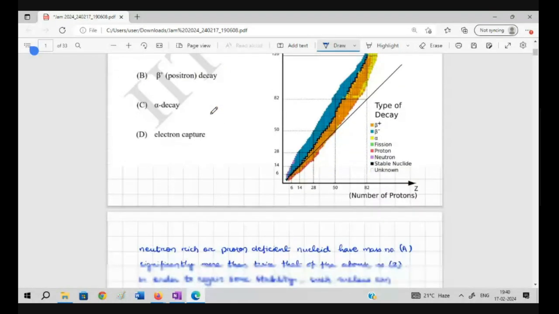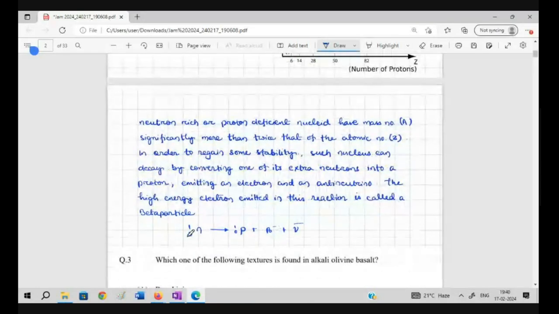Let me show you the reaction by which it occurs. This is a neutron. If the nucleus is rich with neutrons, then when it starts decaying, what happens? The neutron has only mass number but no atomic number.